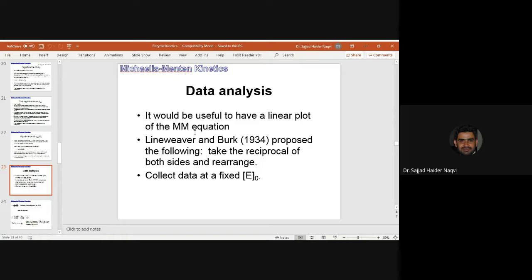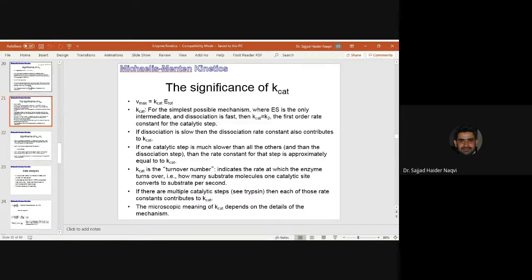What they actually did was take the reciprocal of both sides and rearrange. If you look at the Michaelis-Menten graph, they haven't changed anything in what has been taken on the x-axis and the y-axis, they have just taken their reciprocals. What does that mean?